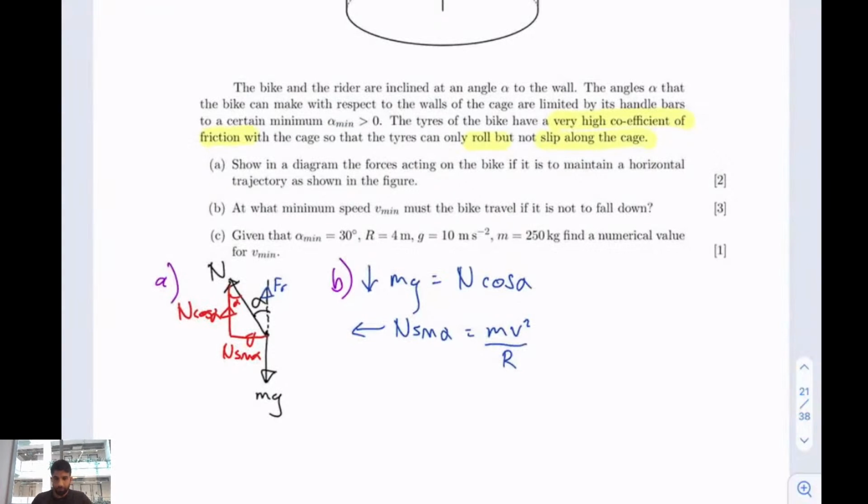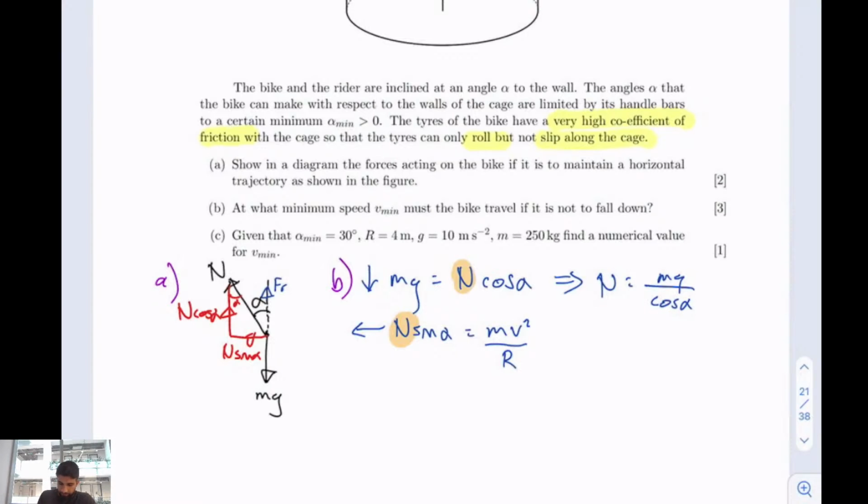So from here, we are aiming to find the velocity v. We can substitute what n is. As you can see here, there is an n, and there is also n here. From the first equation, we can get that n is equal to mg over cos alpha.